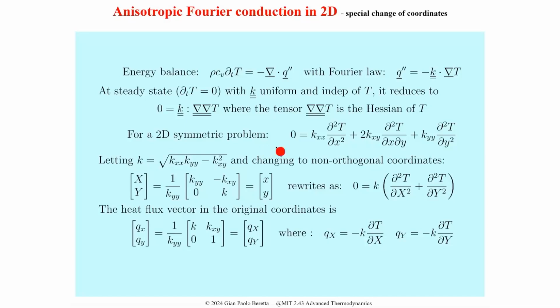There is a change of coordinates that you can do. So define non-orthogonal coordinates instead of the usual orthogonal x and y's, small x and y. You can define capital X and Y's.